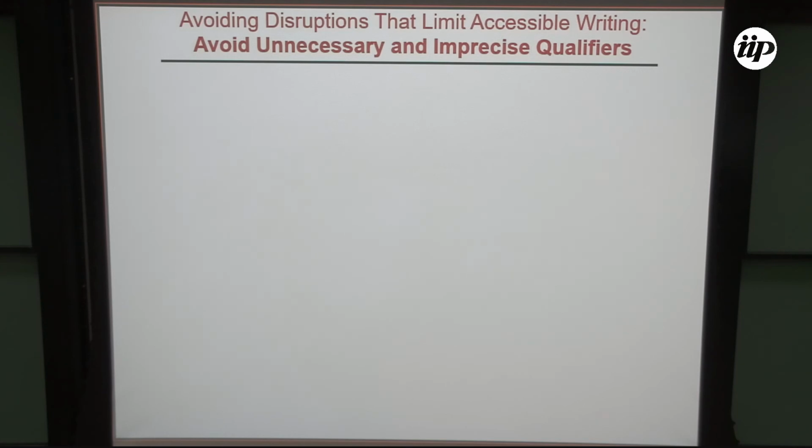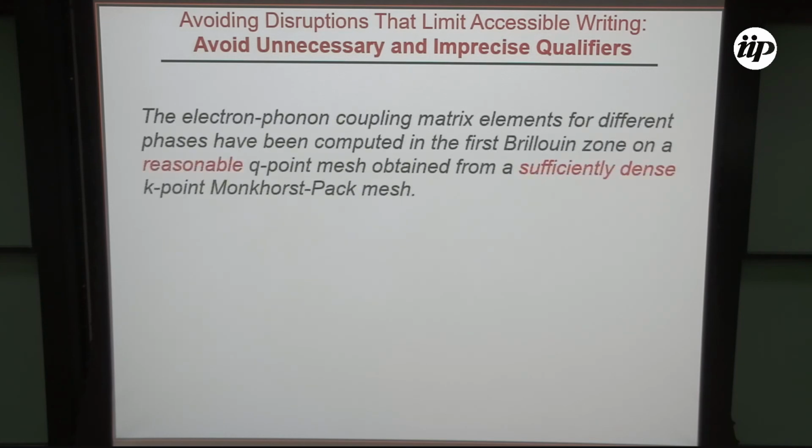Avoid unnecessary qualifiers. This is also something that happens a lot. So you'll see things like this: "The electron photonic coupling matrix elements for different phases have been computed in the Brillouin zone on a reasonable Q-point mesh obtained from a sufficiently dense K-point." What's confusing about this is that we don't know what reasonable is. We don't know what sufficiently dense is.